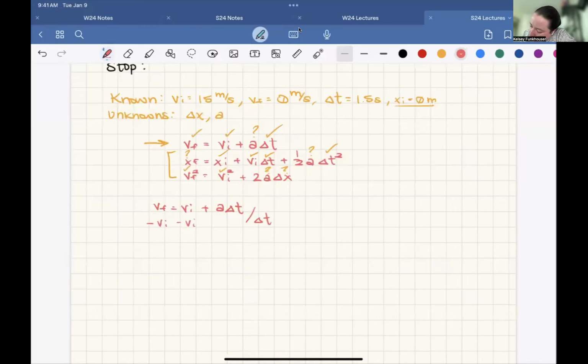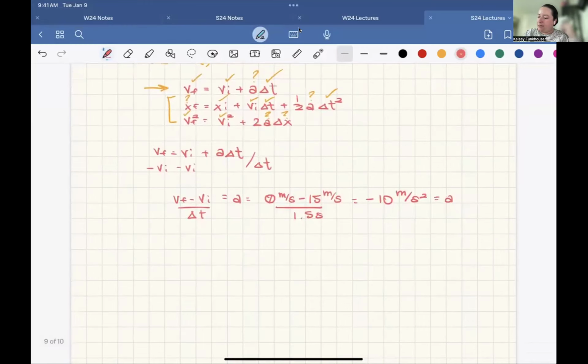So we end up with V final minus V initial over delta T equals the acceleration. Then I'm going to plug in the numbers now. The final velocity is 0 meters per second, and the initial is 15 meters per second. Time interval is 1.5 seconds, and this gives us negative 10 meters per second squared for our acceleration.